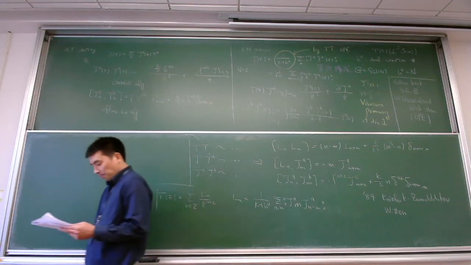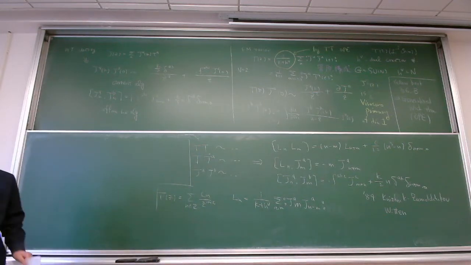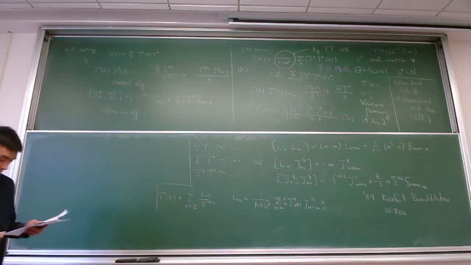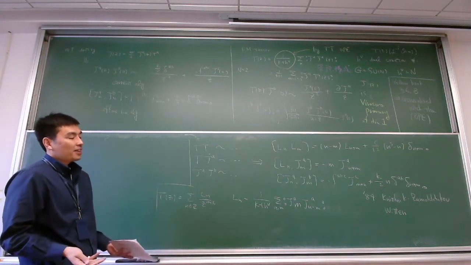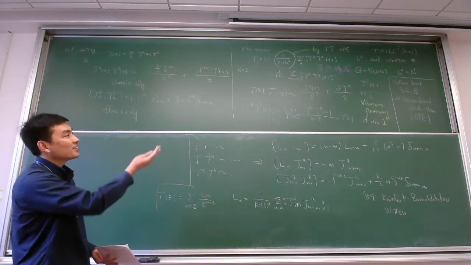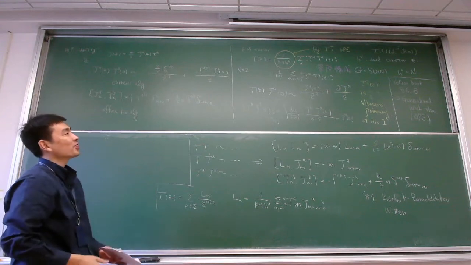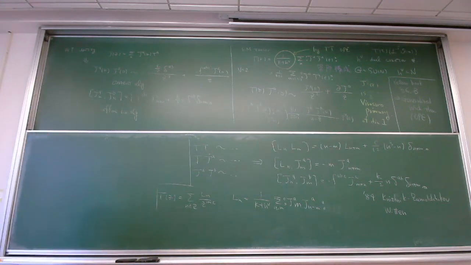Anyway, so 84, but right after 84, for general G, there are lots of mysteries, even though you have this kind of symmetry.